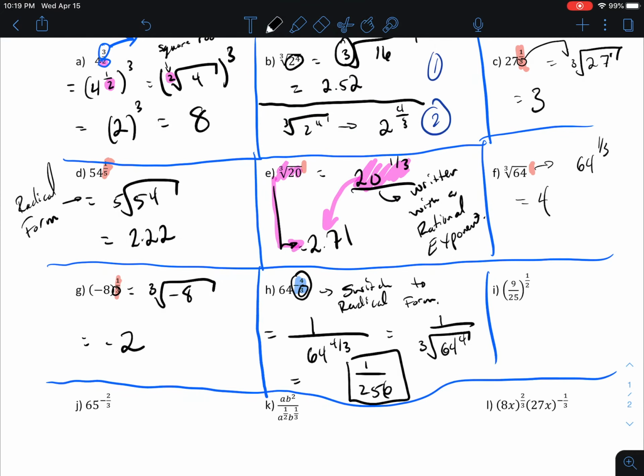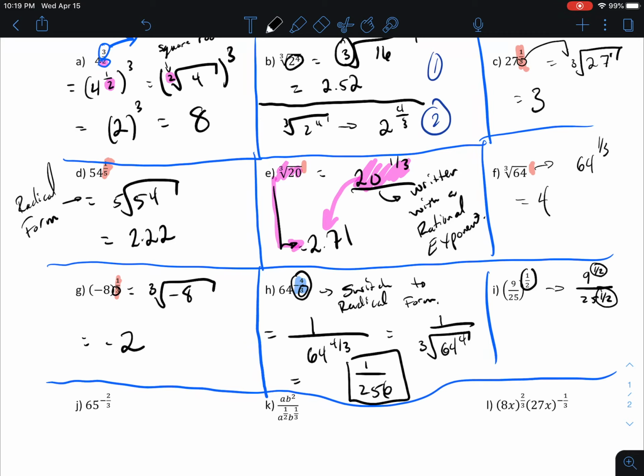Okay, so for this one, there's all these little different variances too, right? So this one's saying, this is a nice one. We have to take our exponent and apply it to everything that's inside the brackets, right? That's what that's saying. Okay, so basically what's going to happen is you're going to go 9 to the 1/2 over 25 to the 1/2, right?